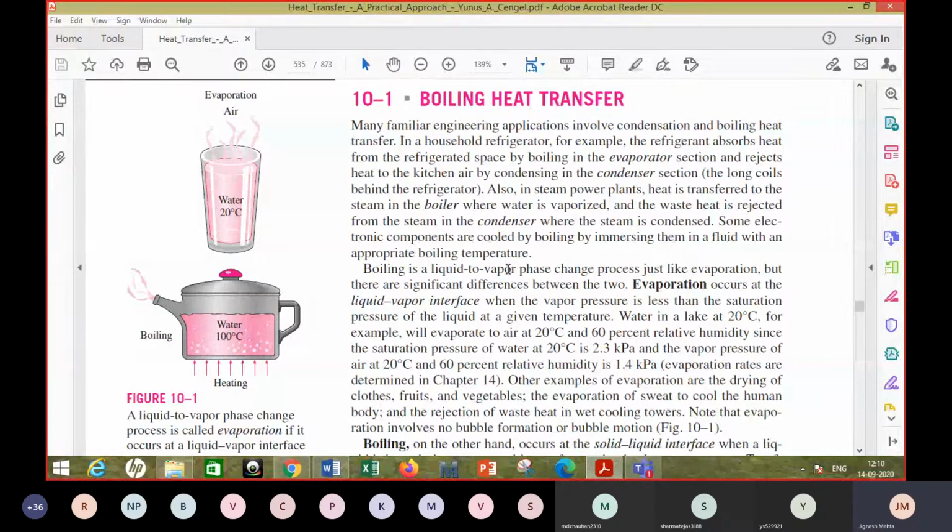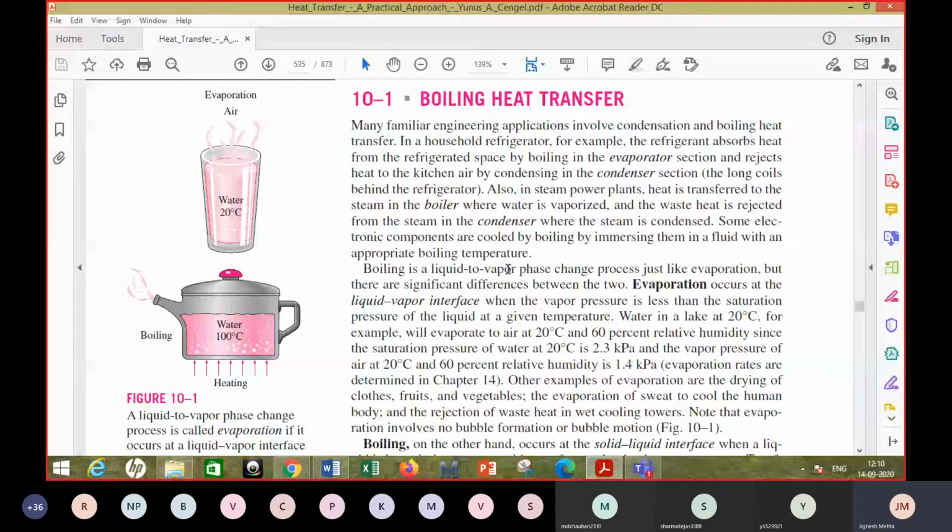And what is the driving force there? The driving force there is the concentration difference of water vapor between the surface, the first layer of air in contact with the pool of liquid or water, and the concentration of water vapor in the free stream of air.